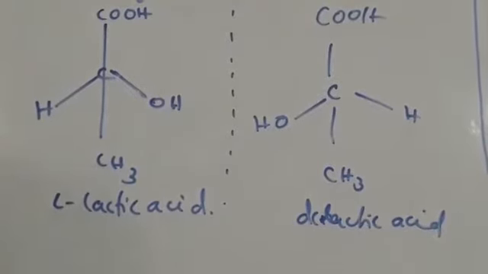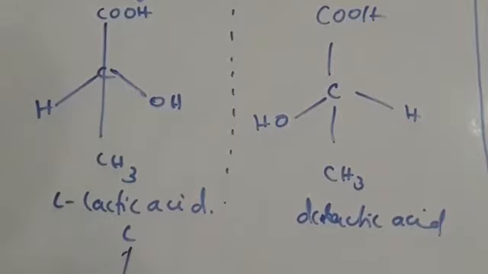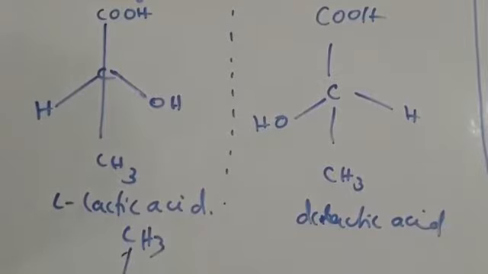For example, if we take 2,3 dibromopentane, I am giving the Fischer projection formula here.